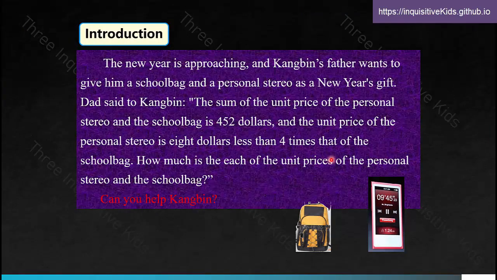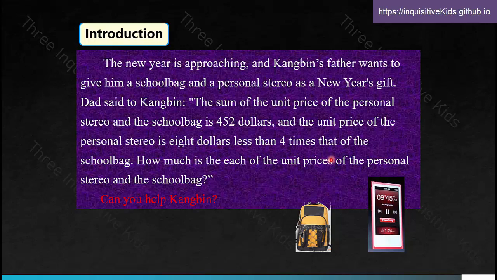Here's our introduction. The new year is approaching, and Condon's father wants to give him a school bag and a personal stereo as a New Year's gift. As of when I'm recording this in 2022, a personal stereo is something that you can listen to music out of. It is outdated, so we don't really use that anymore, but this is a bit old, so it's going to say personal stereo.